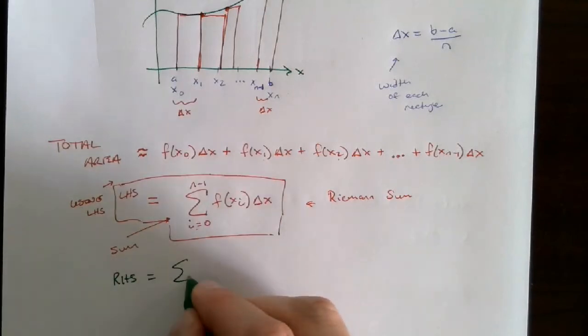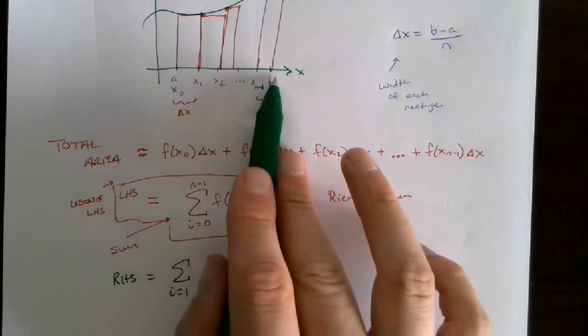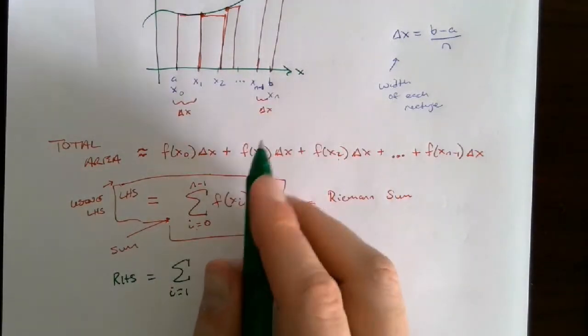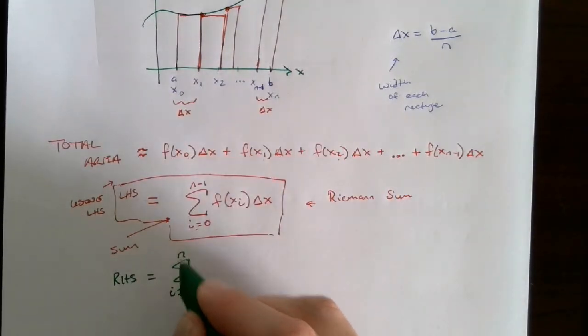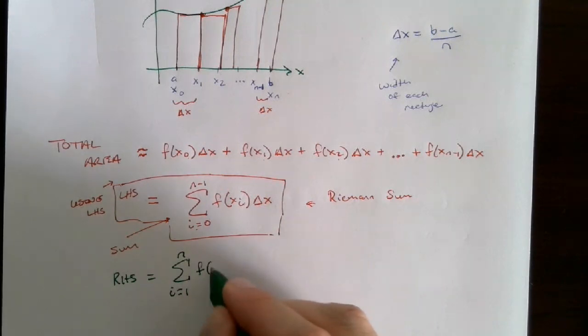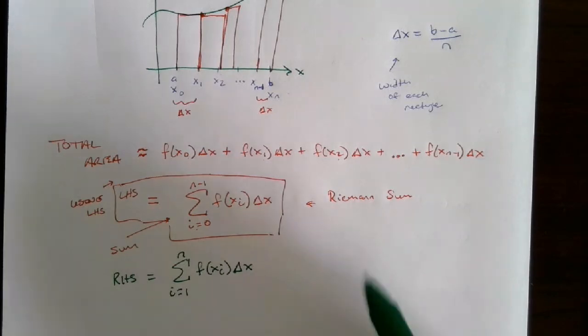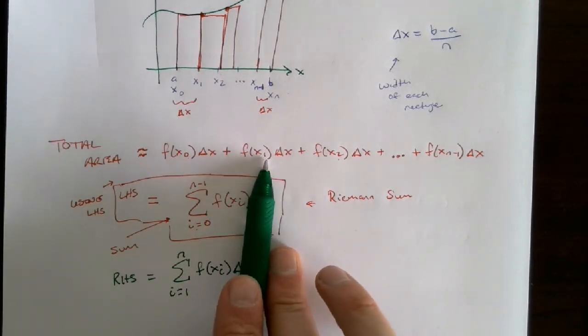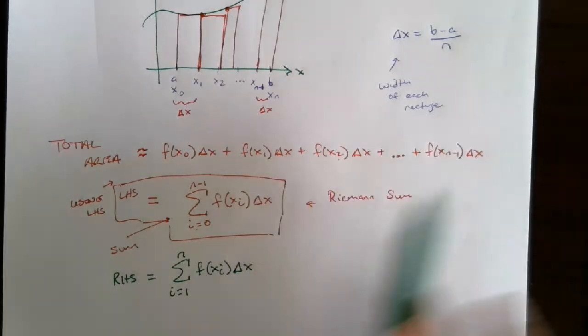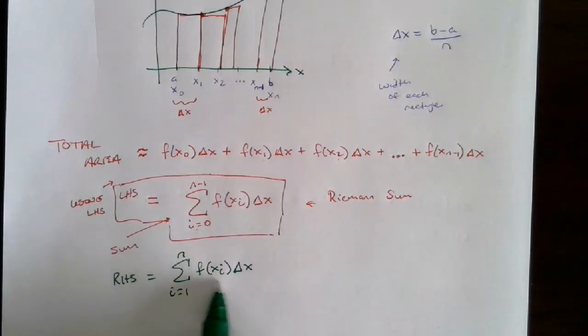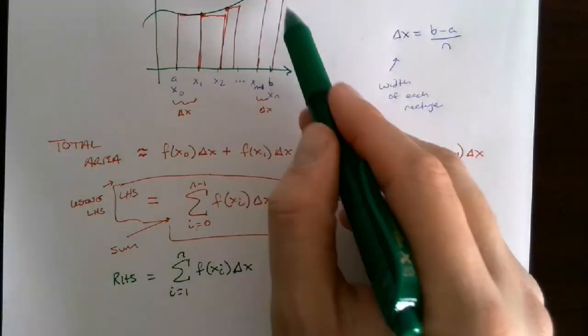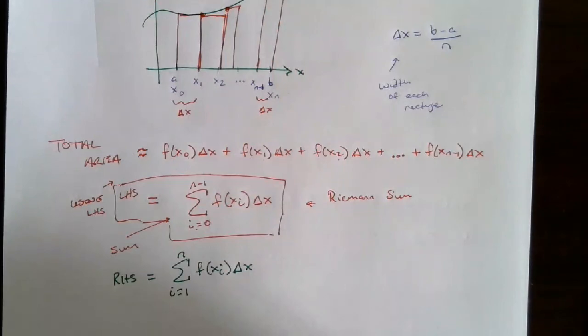So you would write this as a sum from I equals 1 to how far do you go? The last endpoint's a right endpoint, which is where b was, which we called x sub n. So from I equals 1 to n, and this part stays the same, f of x sub I times delta x. That means you start at this term and add these all up, including f of x sub n times delta x to get the last rectangle, working backwards from the right endpoint.